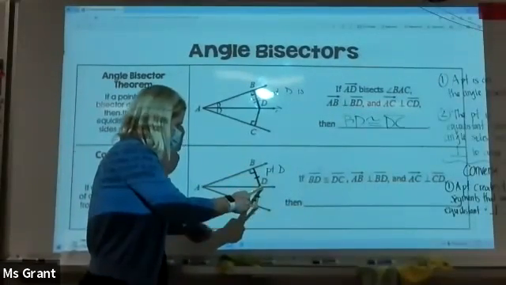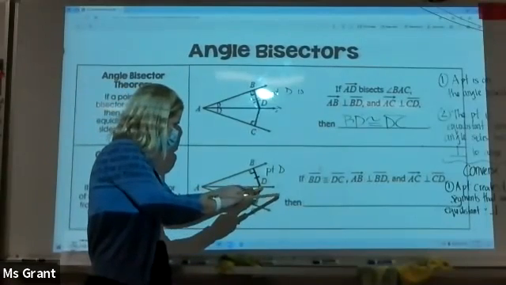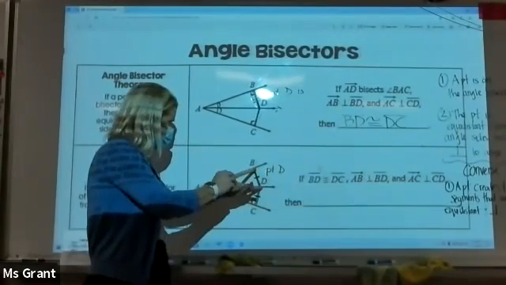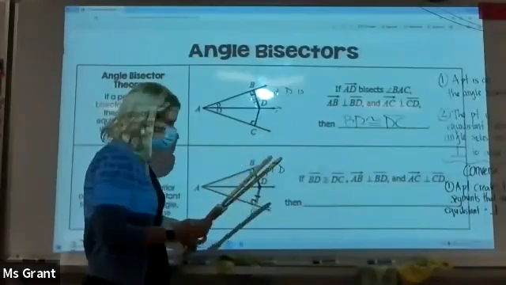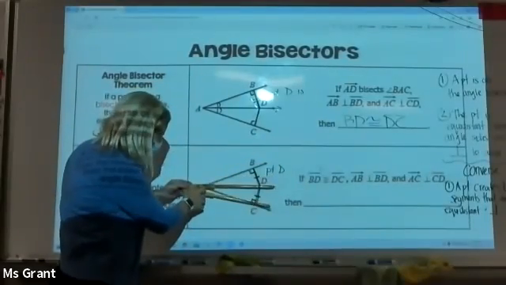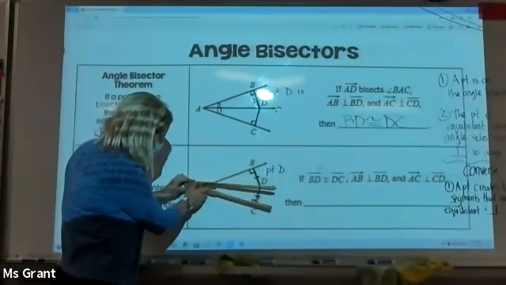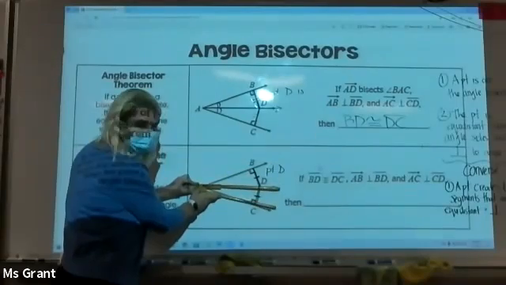here's point D. It makes a line that's equidistant, right? It also is the same distance to that. The opening is exactly the same. The opening that is created creates two equal angles. See that? My angles are equal.